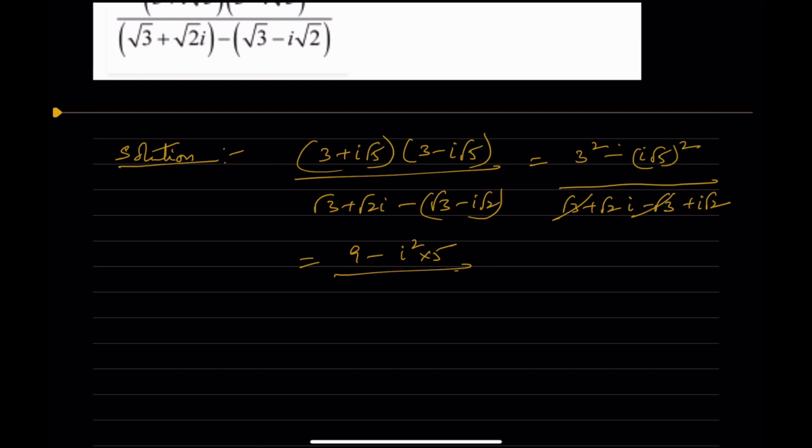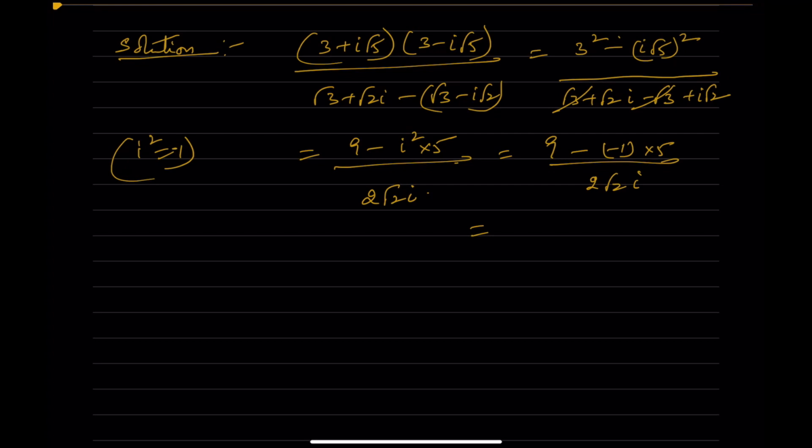Both are same. So you are getting 2 root 2i. So this is equal to the numerator part, we are getting it as 9 minus of minus 1 into 5, divided by 2 root 2i, because i square is equal to minus 1. So therefore this is equal to 9 plus 5 divided by 2 root 2i.